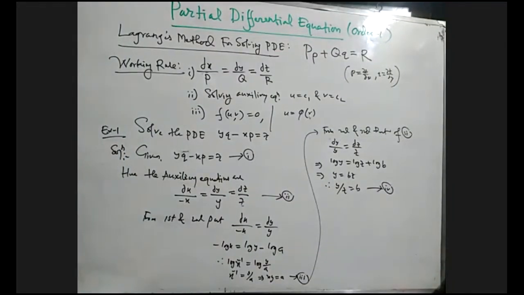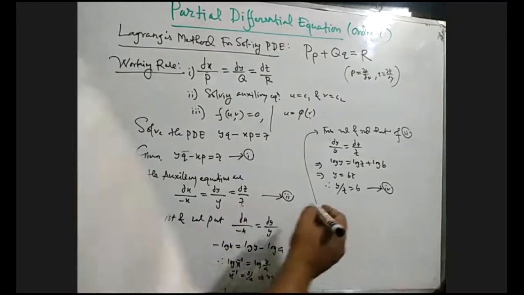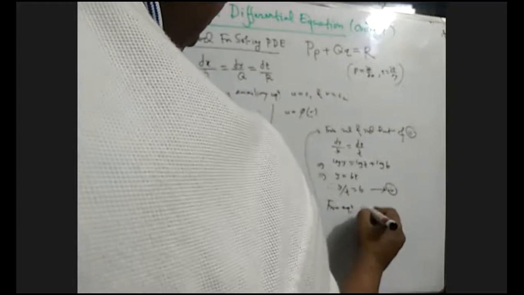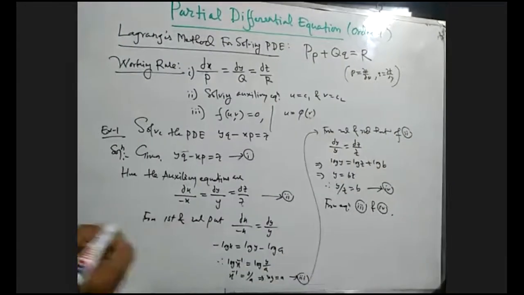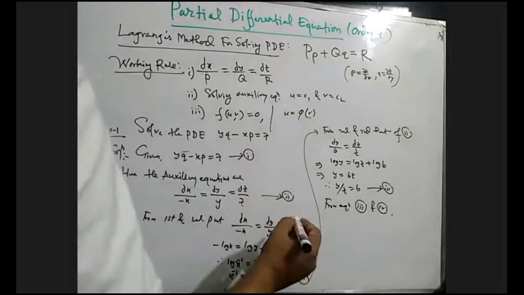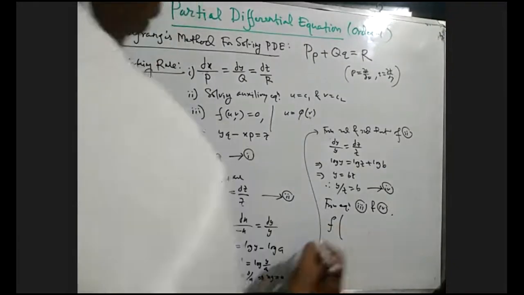So from equation 3 and 4, we get the solution. We get the solution like this. F of a, b, this is the function.